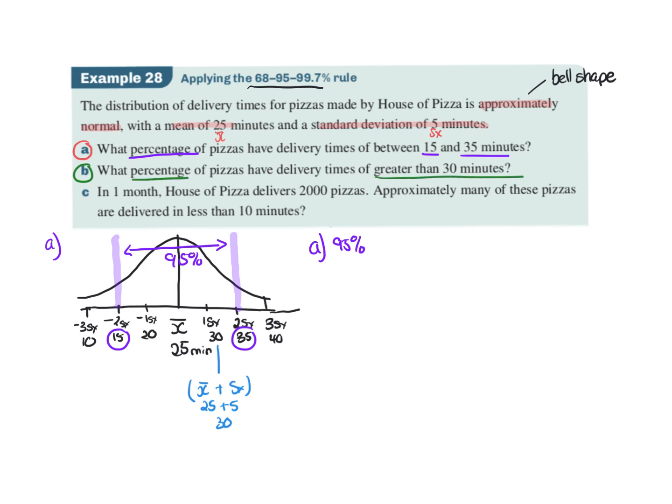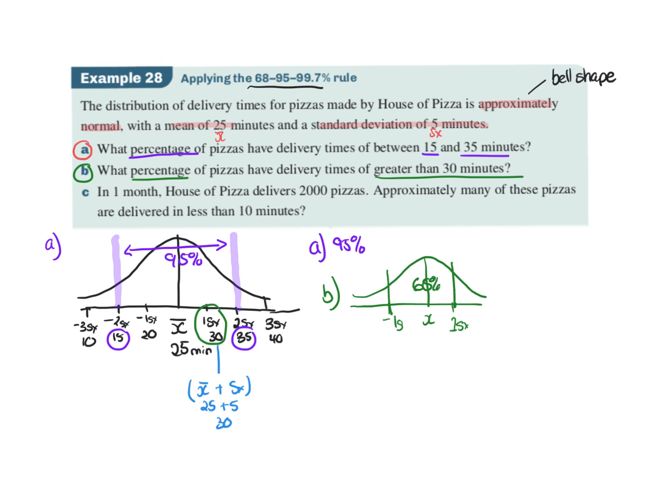If we look at B, it's asking again, what percentage of the delivery times is greater than 30? If you look, 30 is at our 1 standard deviation, so I'm just going to draw that here. Remember we had the mean, and 1 standard deviation minus 1, and we said in here was 68%.